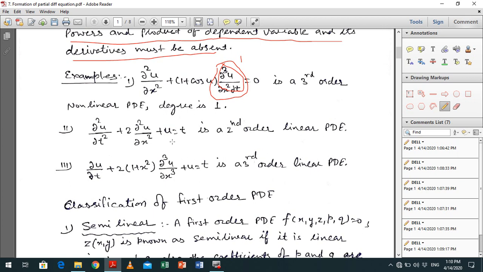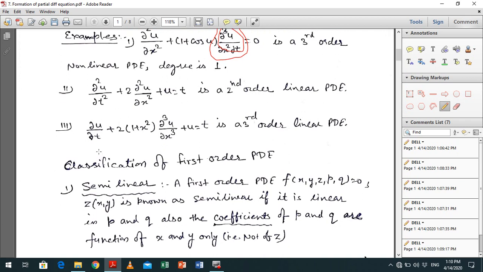So it is a second order partial differential equation, and its degree, the greatest exponent of the second order term, is 1. So its degree is 1, and it's a linear partial differential equation because the exponent of the dependent variable is 1 everywhere, the exponent of the derivatives is 1, and nowhere does their product exist.